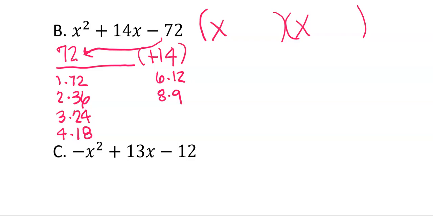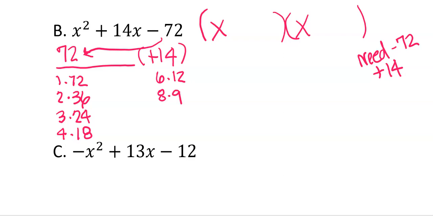How are negative numbers made when we multiply? One is negative, one is positive. I'm going to write a little direction over here: need negative 72, and it needs to add to 14. So would you think the higher number should be negative or positive on this one?